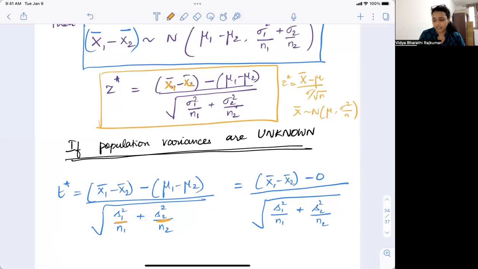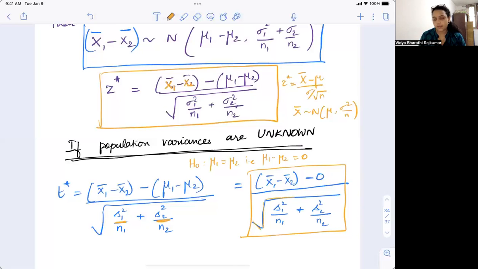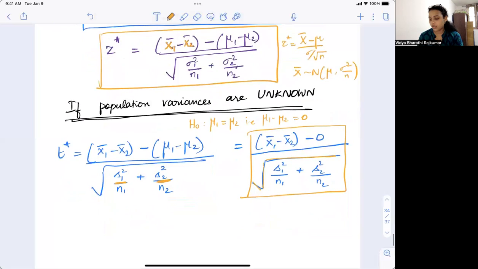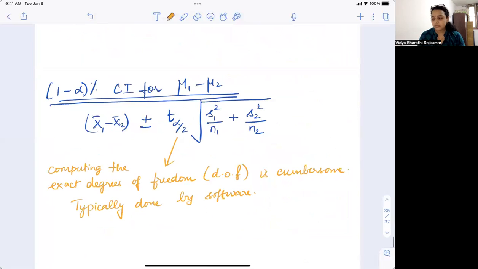Given that we are focusing on the situation where mu1 is equal to mu2 in the null, that is mu1 minus mu2 is equal to 0, your test statistic will essentially collapse to x1 bar minus x2 bar divided by this expression. And this follows a T distribution. And we can construct a confidence interval.